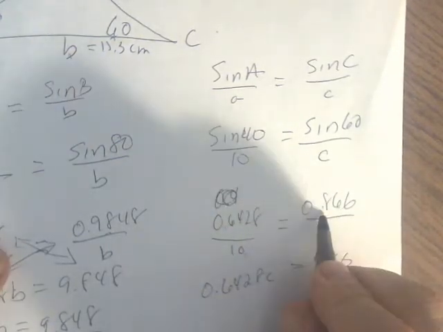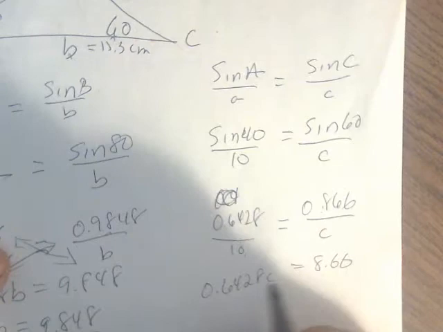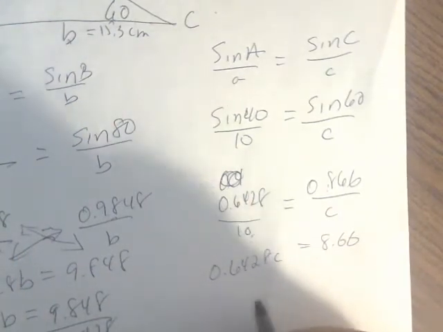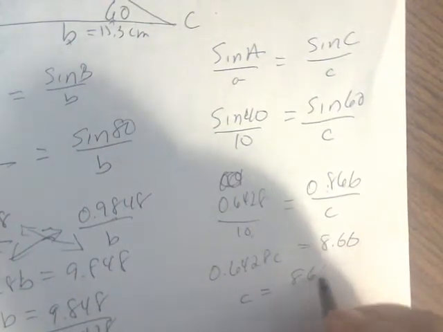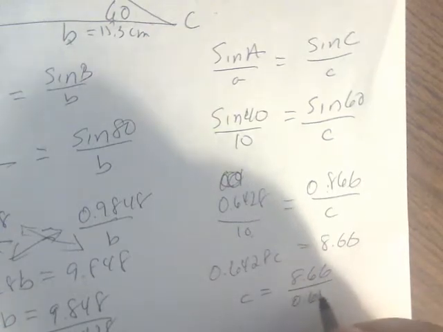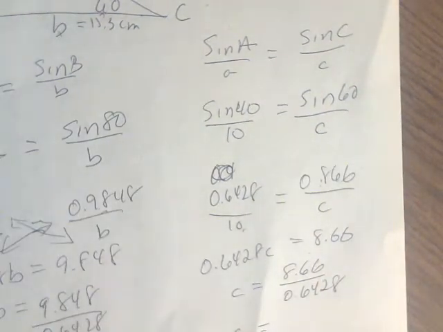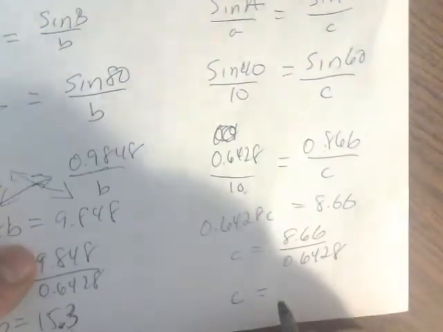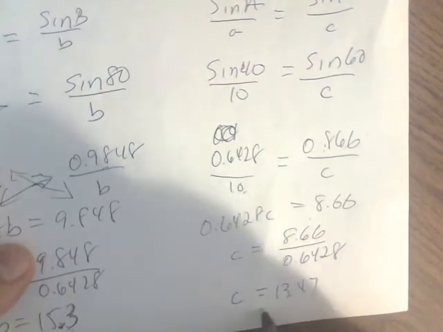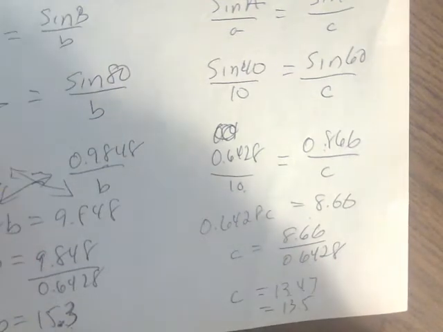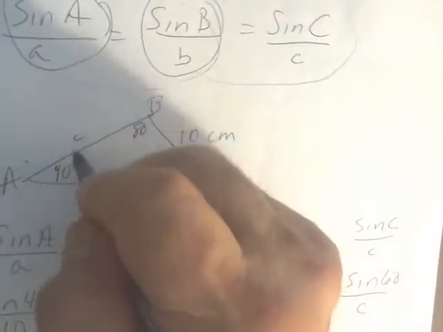Okay, I took 10 times 0.866 to get 8.66. Now C is going to be 8.66 divided by 0.6428. And I get 13.47, which if I round it to 1 decimal place is 13.5. Okay, so that's what C is.